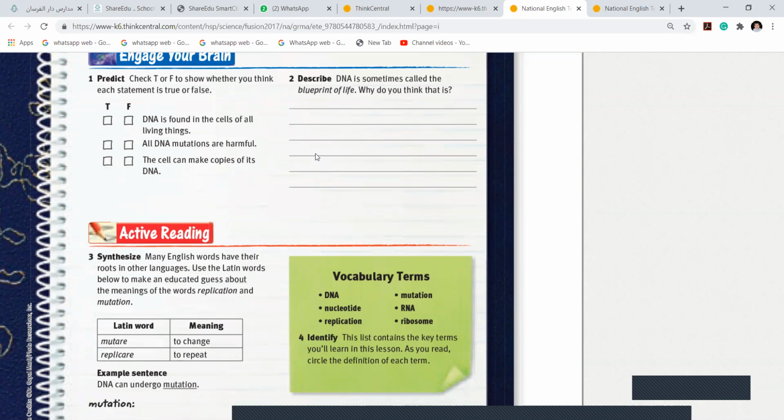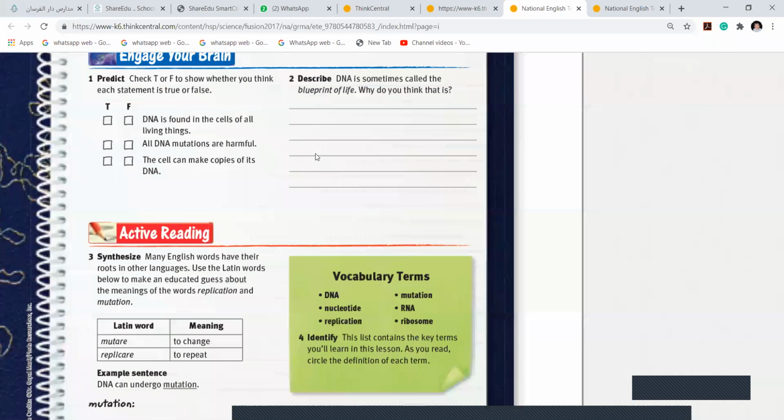DNA is made of nucleotides, and a nucleotide consists of three things: sugar, phosphate, and a base.